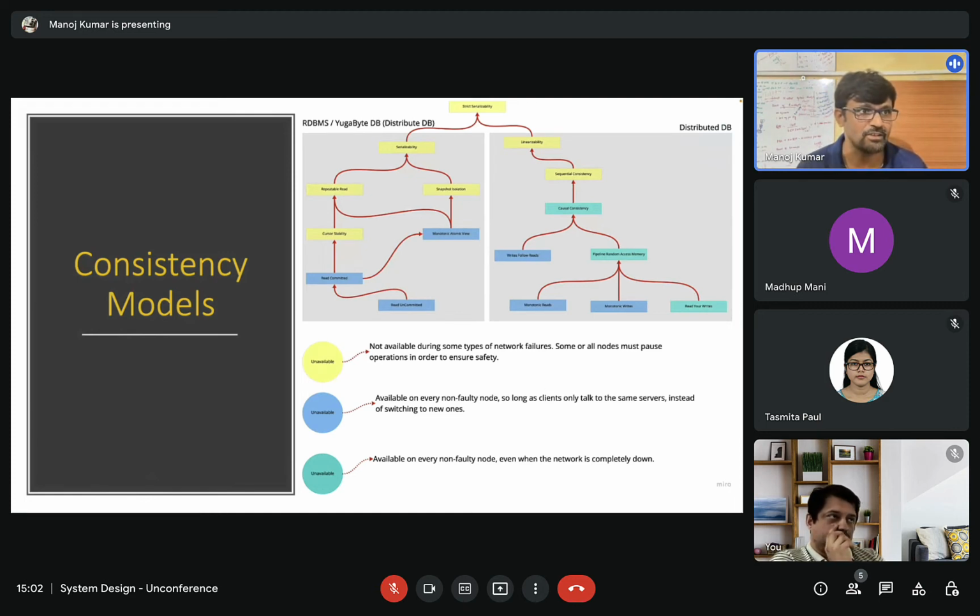That's how you need to think about consistency models. Any questions here? Let me know if it is still complicated.